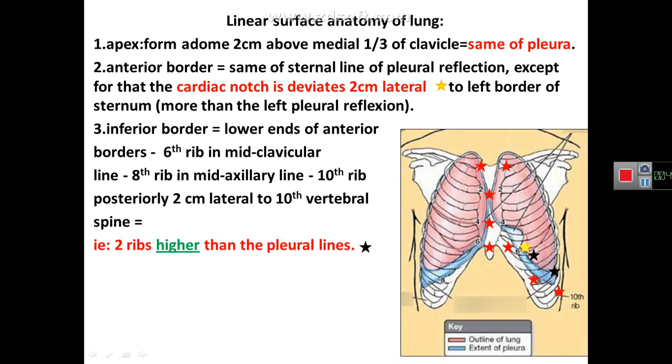Next, I will draw the surface anatomy of the anterior border of the lung. It will be drawn by a line connecting points which are the same points drawn for the sternal reflection of the pleura, in which on the right and left side we will start from the sternoclavicular joint.